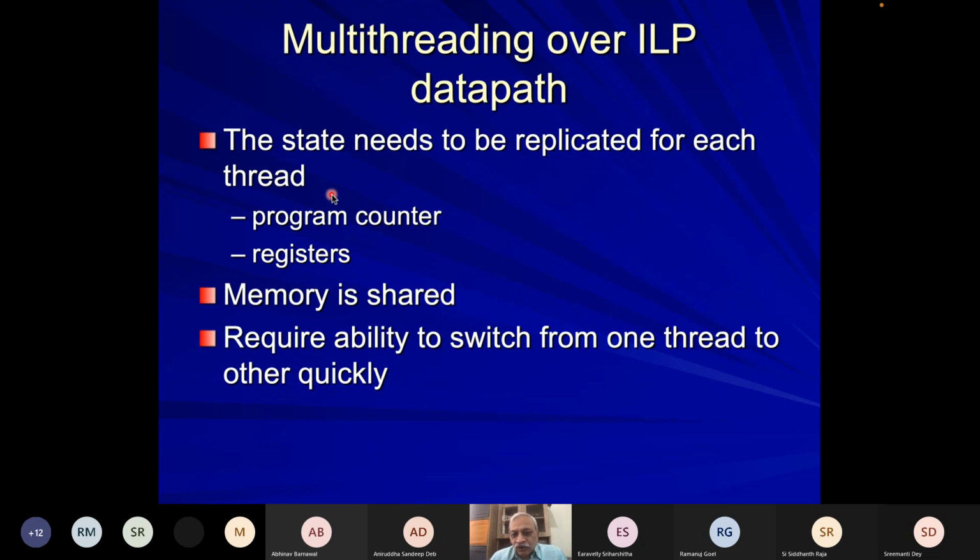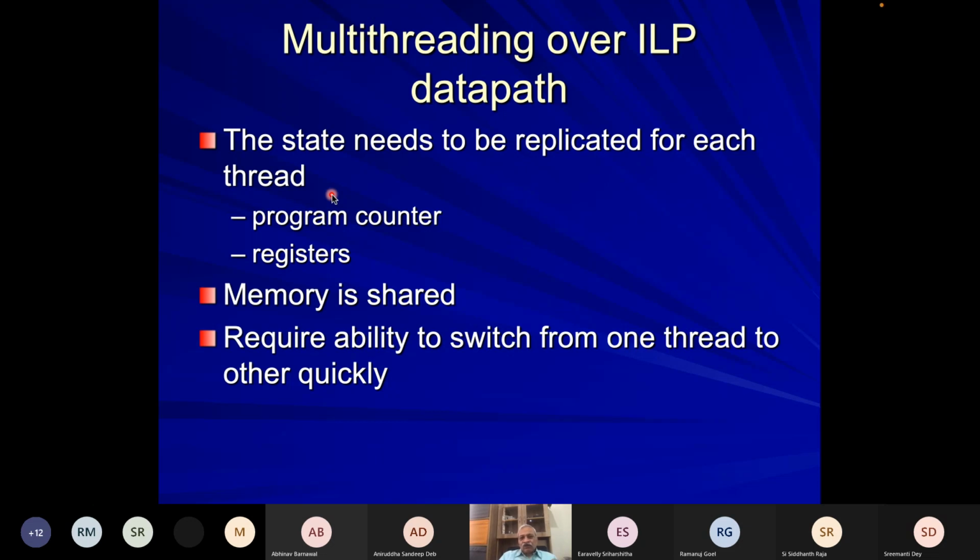Imagine that you have two sets of registers and two program counters. These two program counters can fetch instructions from two different streams or two different threads, and the independent instructions coming from these two threads could be fed to multiple execution units.